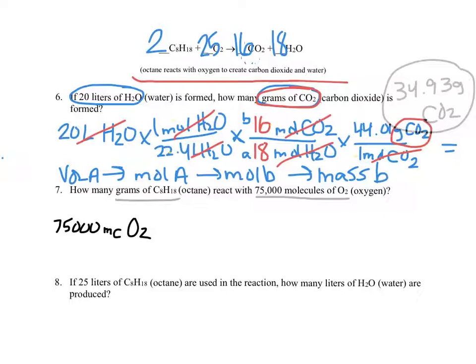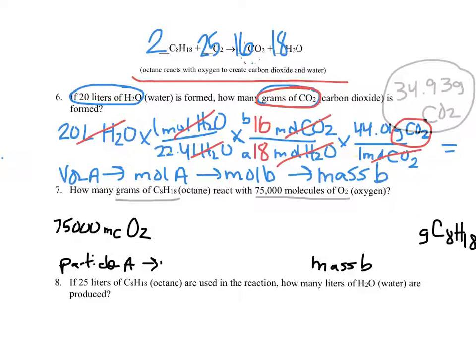And in the end, I want to know how many grams of octane, which is C8H18. To do that, it looks like I'm starting at particle island of A, particles of A, and eventually I am going to end up with mass of B, the next object.